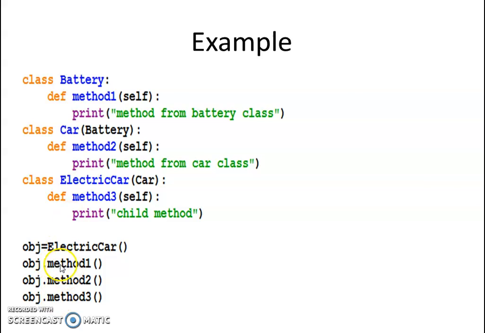So obj.method1 will invoke this method1 and it will print this statement. Method2 will invoke this method and it will print "method from car class", and method3 will invoke this method and it will print "child method". So you can guess the output of this code.